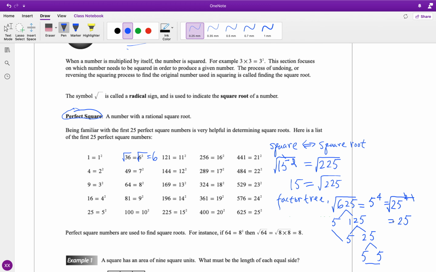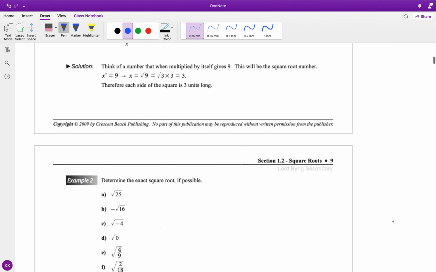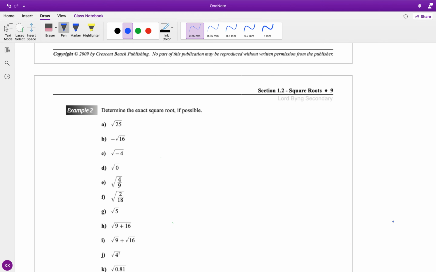All right. Let's take a look at some of the examples in the textbook. Determine the square root. Now this one, no worries, I'm just going to write it as 5 to the power of 2, and the square root cancels, then that is 5, right? Now this one, negative, and then 16, I'm going to rewrite it as 4 to the power of 2, and cancel, so that's -4.